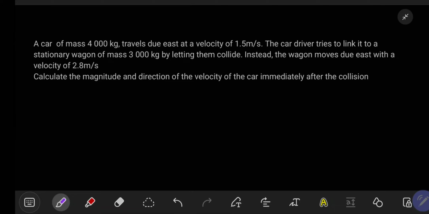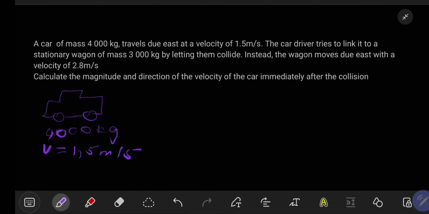Now let's draw the situation. At first we have a car. This is our car, with a mass of 4000 kg, traveling at a velocity of 1.5 meters per second east.